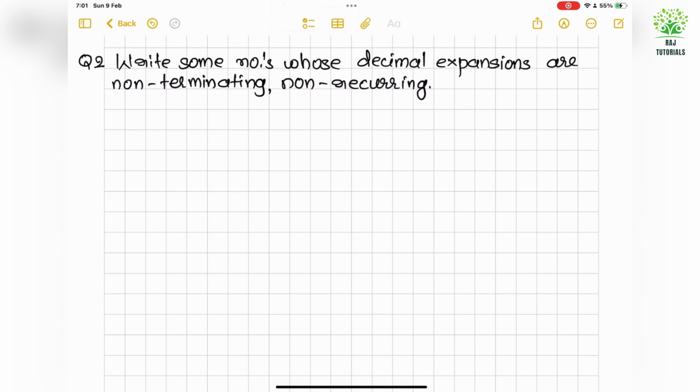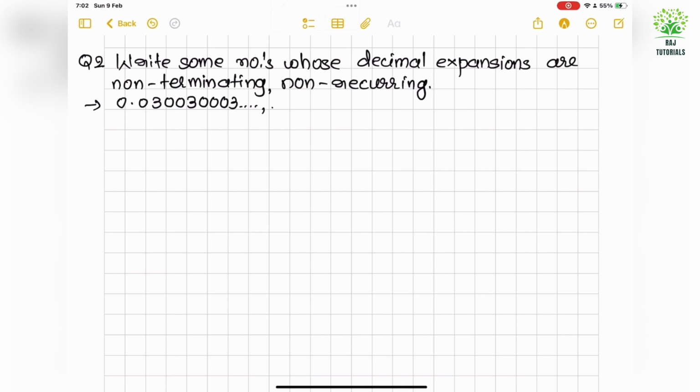Now the next question says, write some numbers whose decimal expansions are non-terminating, non-recurring. Here he can twist the question also, like write the decimal expansions of a non-terminating, non-recurring number between the given two numbers. So here numbers are not given, so I can write anything. So I can write 0.030030003 dot dot dot.